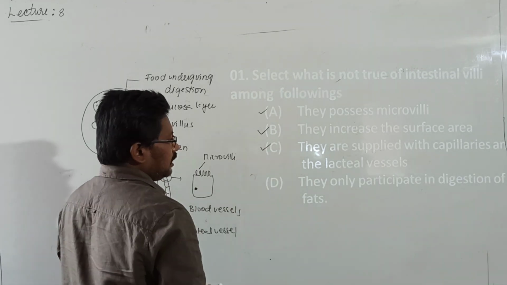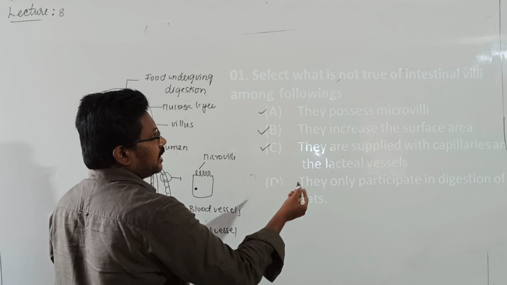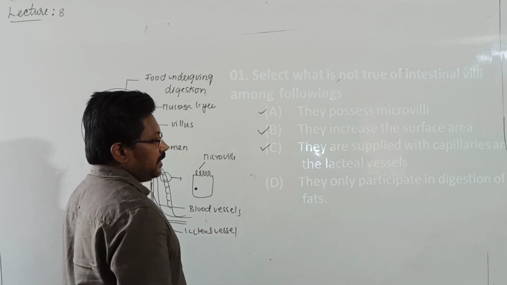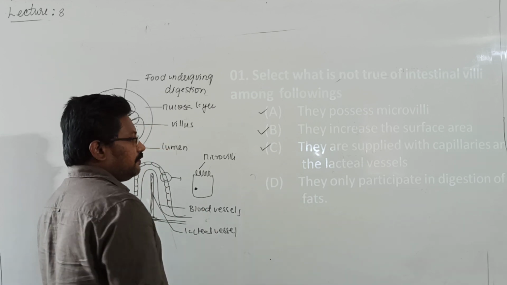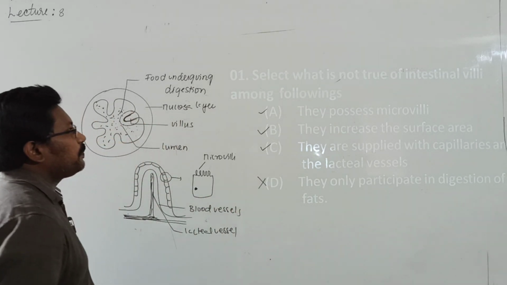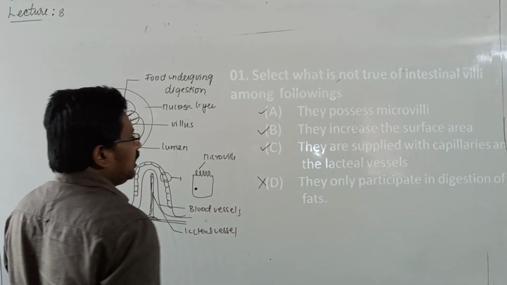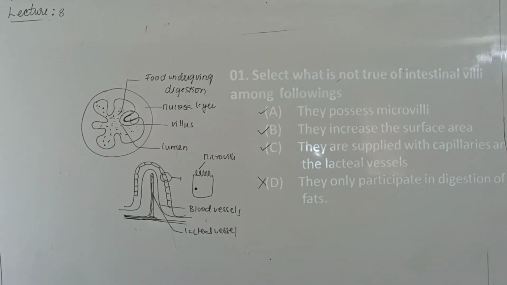This is also correct. They only participate in digestion of fats. Intestinal villi do not participate in the process of digestion of fat. So statement D is wrong. So for this, the answer is D. They only participate in digestion of fats is a wrong statement regarding the intestinal villi.